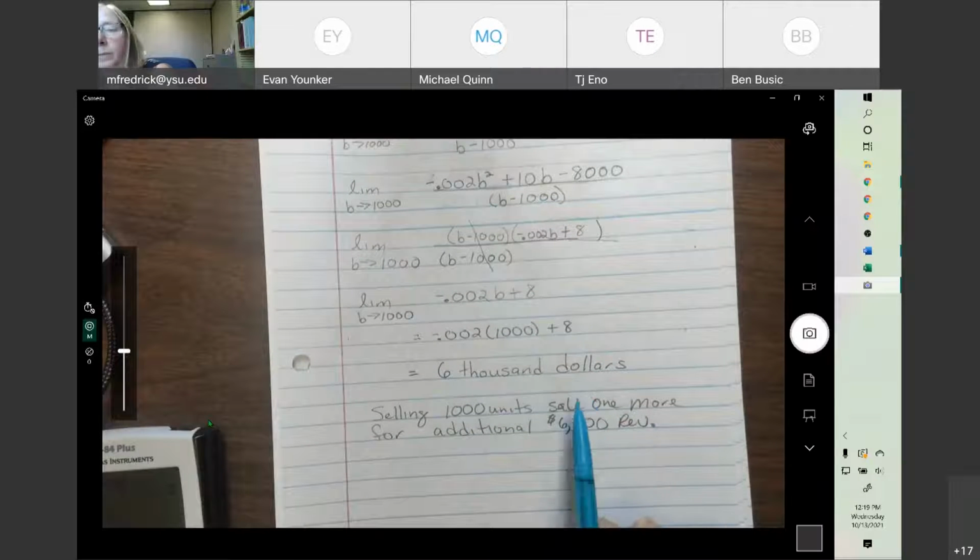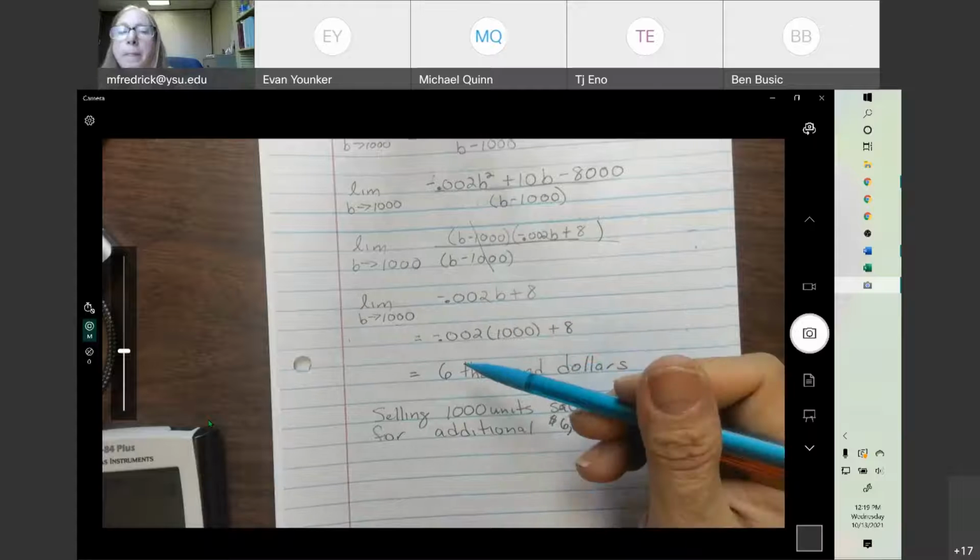So selling one more will get you the same as selling two more. There's more supplies that need to be purchased, and so then you lose money right there. So that's where the break in your line is, and that's things you're looking for.